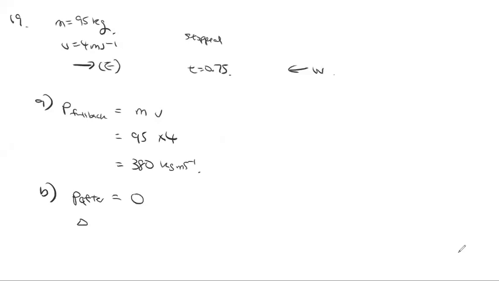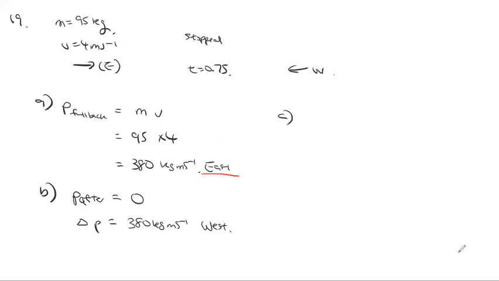So what's the impulse? 380. Yep. Direction? East. Well, it was east, now it's 0. So what was the change? Oh, so should be west. Or you can think of it as negative 380 east, which means it's 380 west, right?